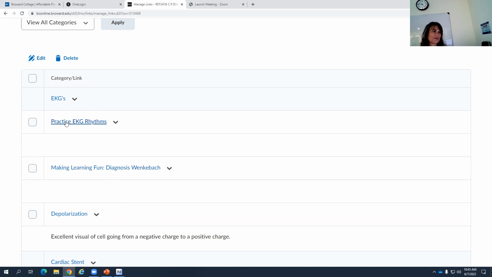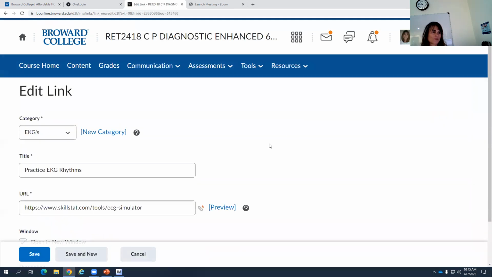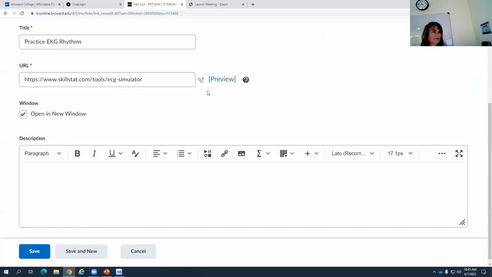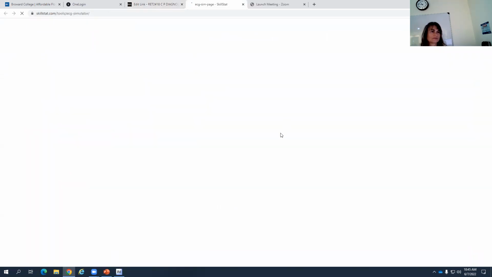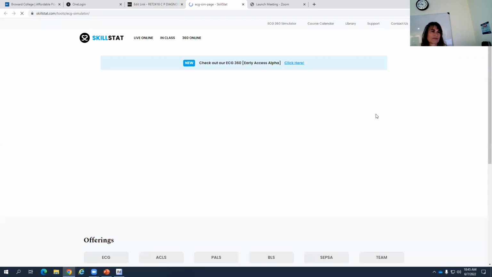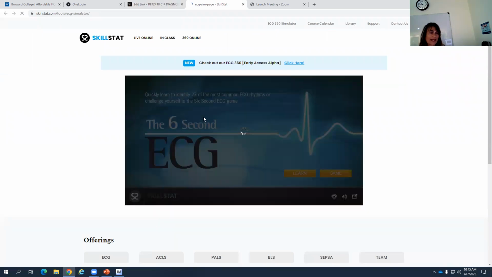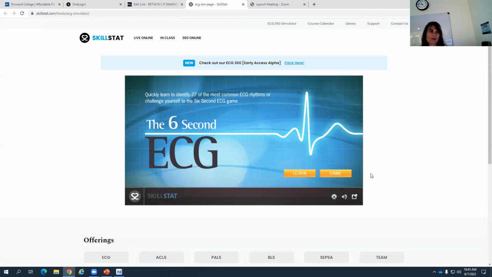So that's fun to watch. When you go here, and you go on to Skill Stat, it'll throw up a bunch of rhythms and you have to guess what the rhythm is. So that's the game.